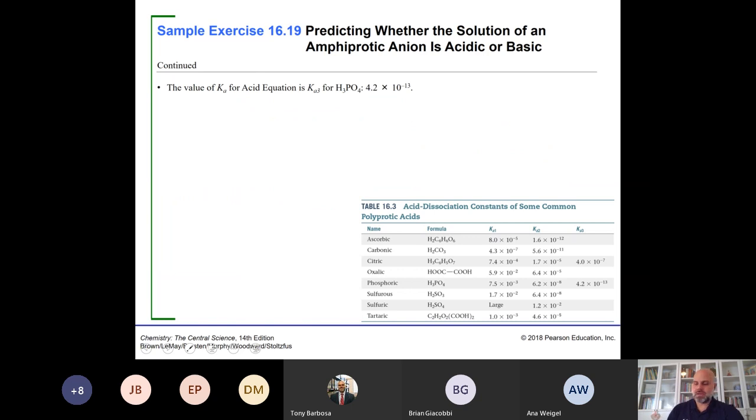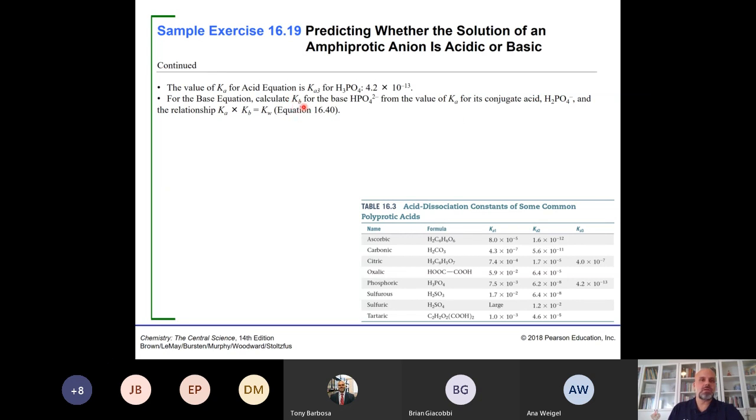So if we take a look here, we have the Ka for the acid equation, the Ka3. We pull that off the table. That's just down in the bottom corner here. We have Ka3. That's just 4.2 times 10 to the minus 13. Well, you can see here, for the base equation, the Kb isn't in the table.